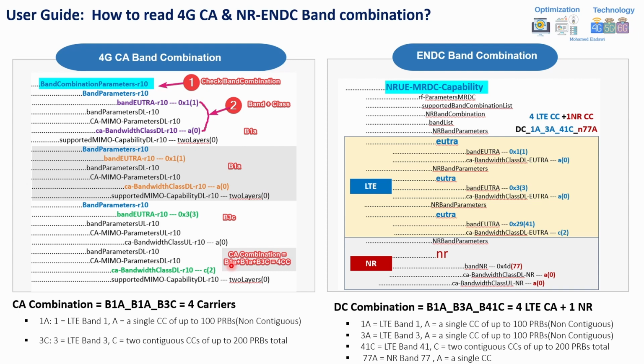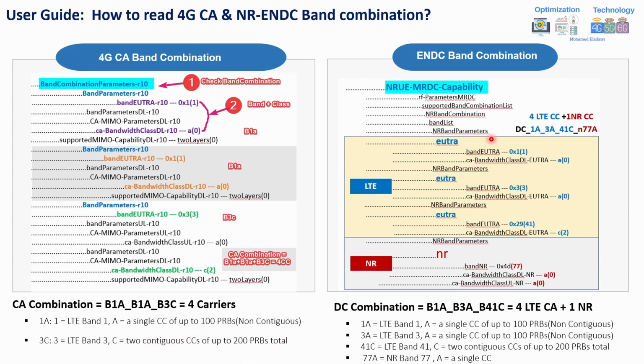So band 1A is 1 carrier, another band 1A is 1 non-contiguous carrier, then band 3, which is 1800, will be 2 contiguous carriers, so in total you will have 4 component carriers, or 4 carrier aggregation. Again here, if you can recall, 1A means a single component carrier up to 100 RBs, and 3C, like LTE band 3, which is band 1800, means that you have 2 component carriers up to 200 RBs.